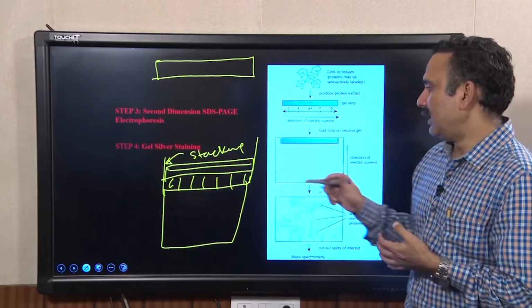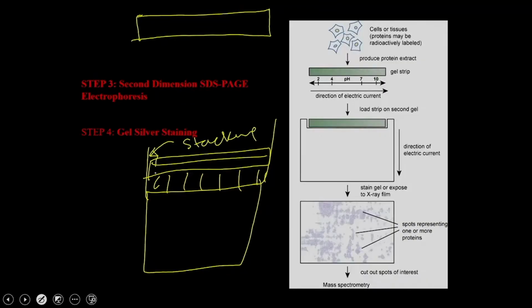The proteins which were migrated like this are now going to run in these directions. This means all this protein is going to be concentrated, and that is how you get a spot from this protein.